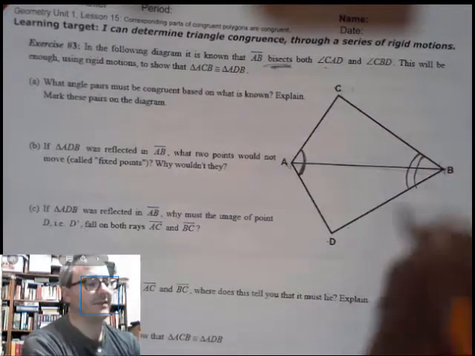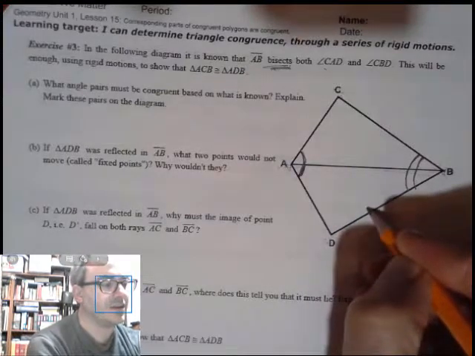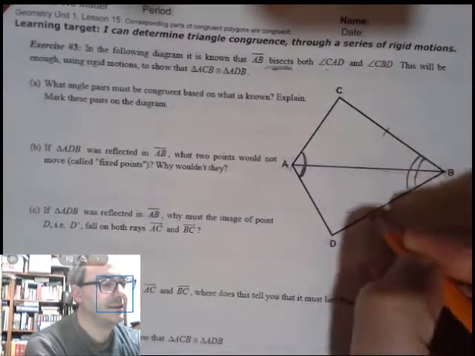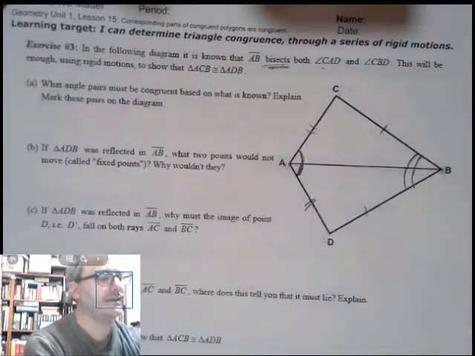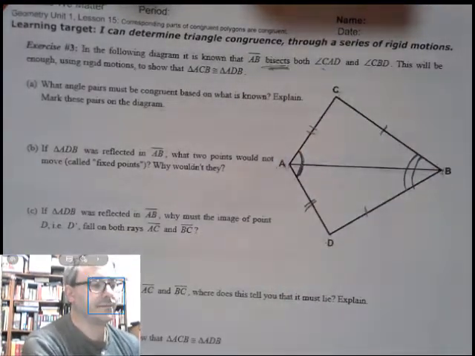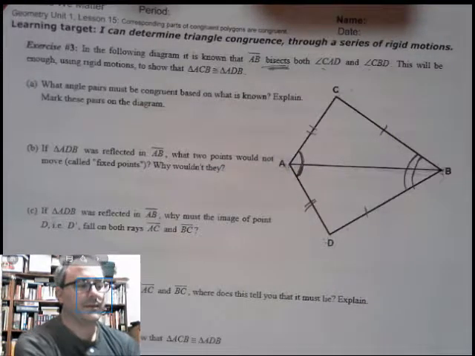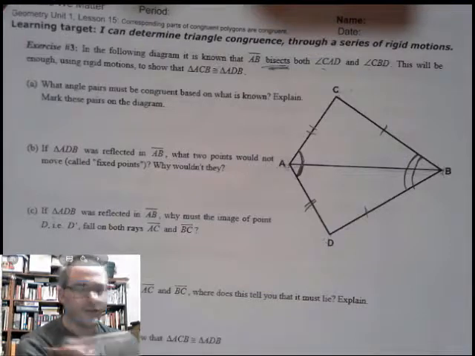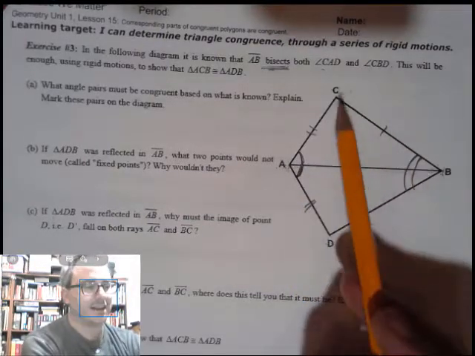Well, the reason it's going to fall on both rays is because this is going to be congruent to that, right? This is congruent to that when this is congruent to that. And I'm going to show you why in the future. There's a handy little theorem that you haven't learned yet, but we're going to learn this one. It's called angle side angle.